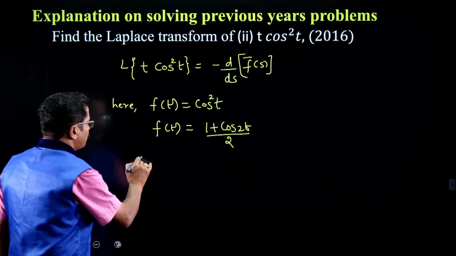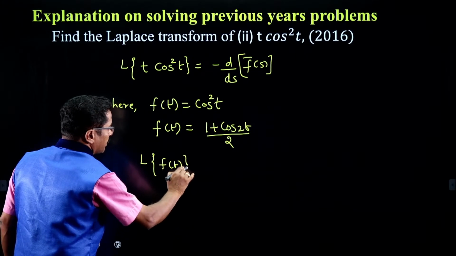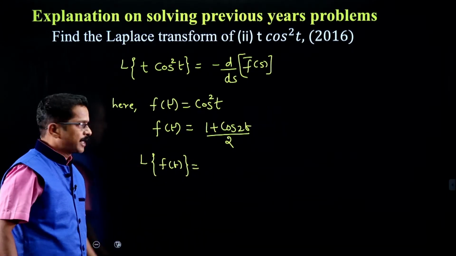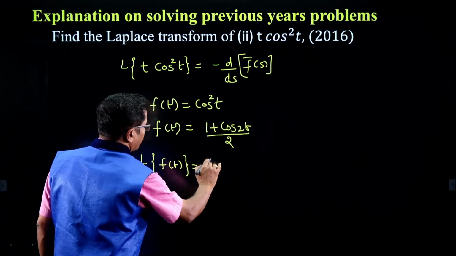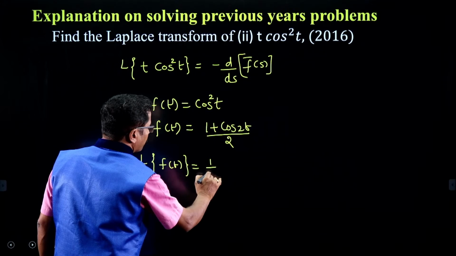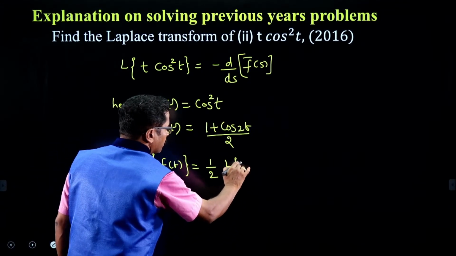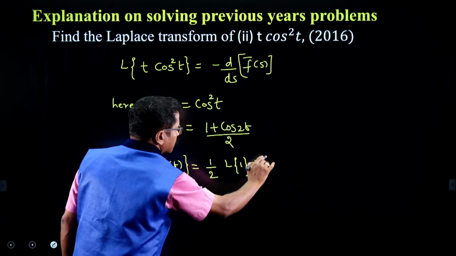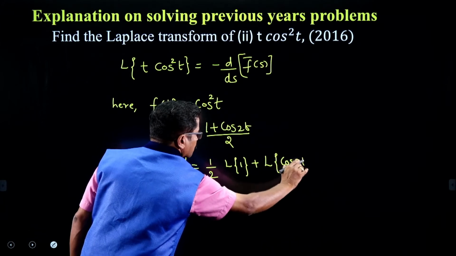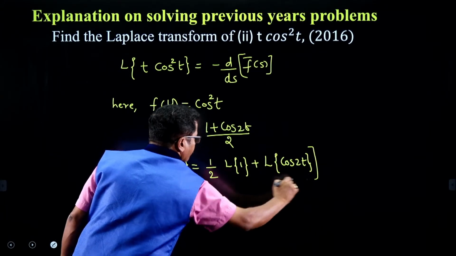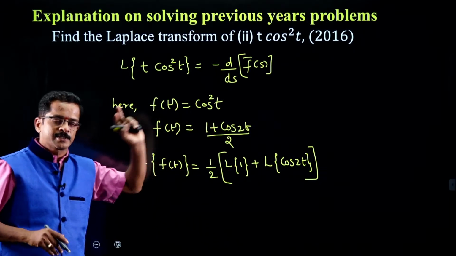So now you find L of f of t. Taking the Laplace transform, L of 1 by 2 into L of 1 plus L of cos 2t. I just apply the linearity property for this.